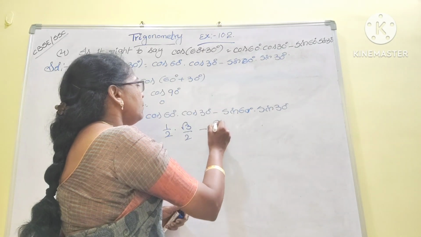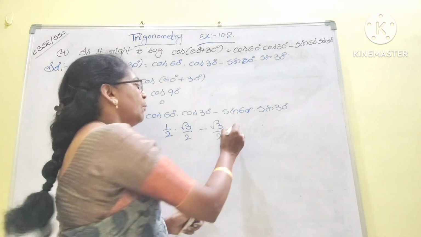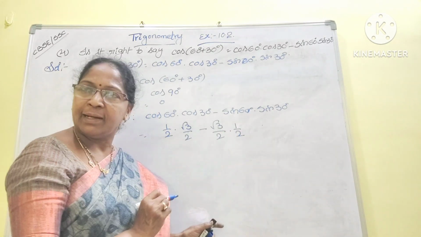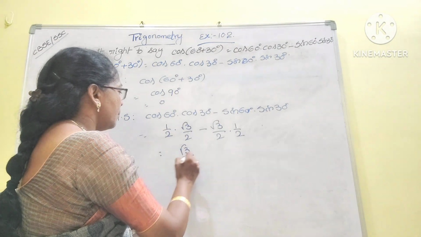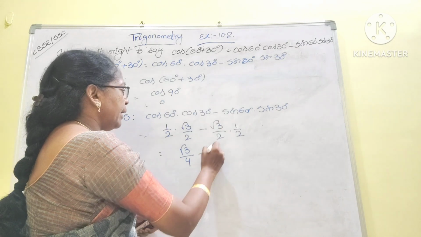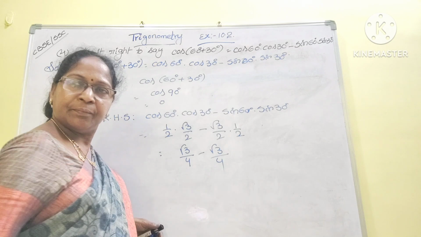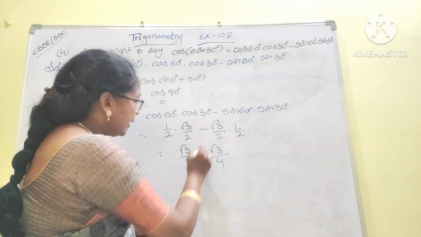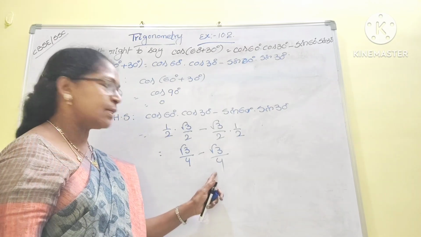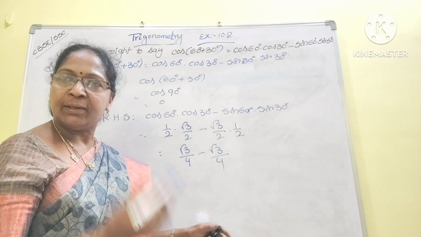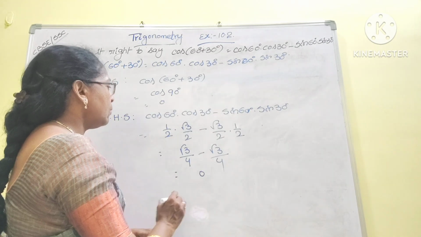Root 3 by 2 into sin 30 equal to 1 by 2. Right. Now 1 into root 3 by 4 minus again root 3 into 1 is root 3 by 2 into 2, the 4. Now here directly also we can cancel. Why? Because one is the plus term and another one is the minus term. Both values are same. Directly you can cancel and you can write as 0. This value equal to 0.